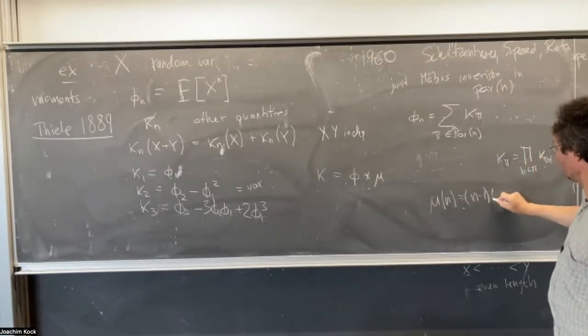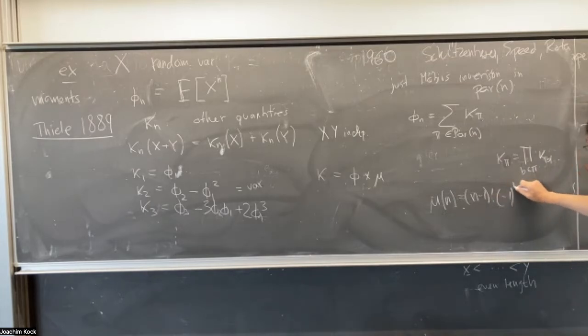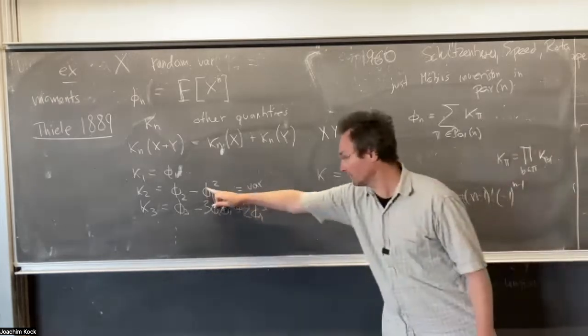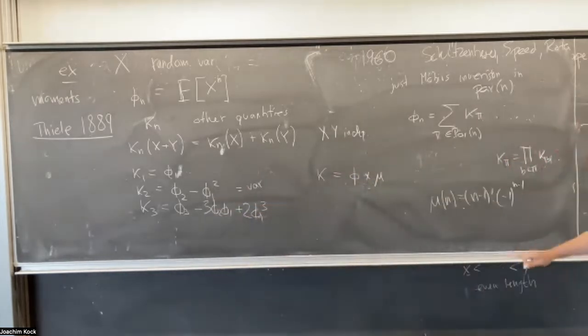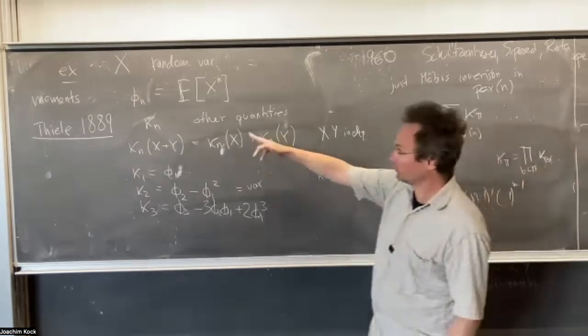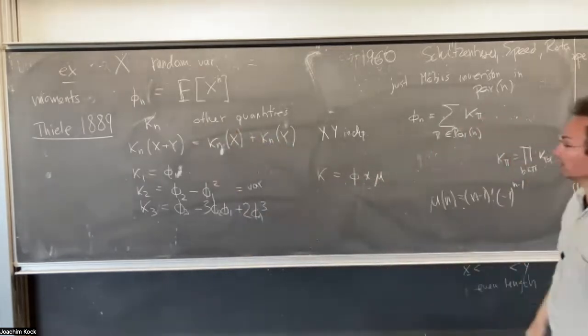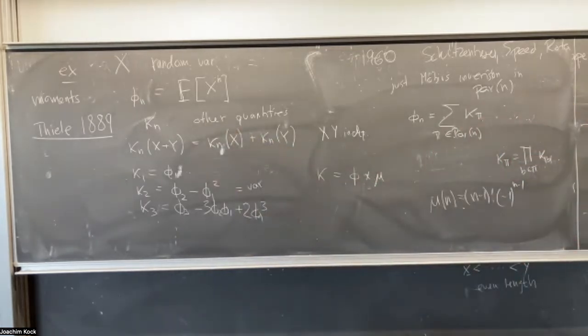It's n minus 1 factorial times minus 1 to the n minus 1. So if you plug this in, you will recover these things. So it's about counting partitions. So this is something important in probability theory, and it's just an example of Möbius inversion.